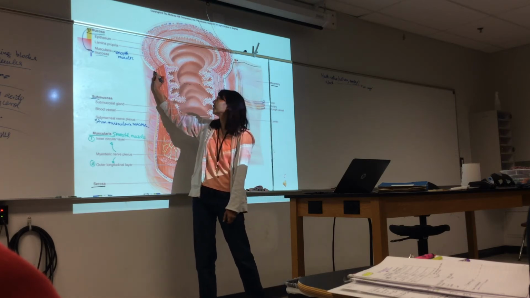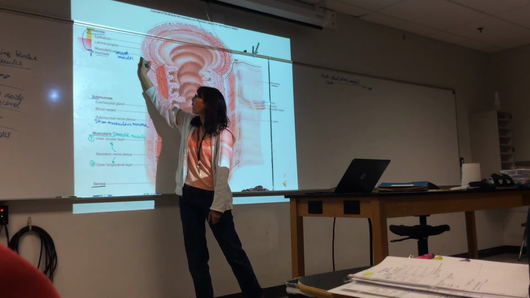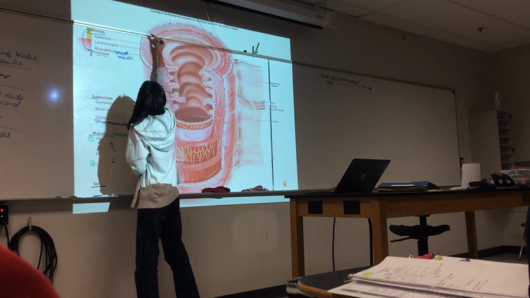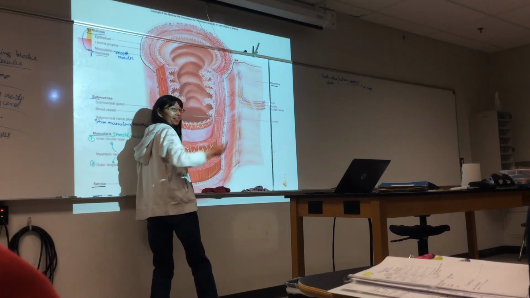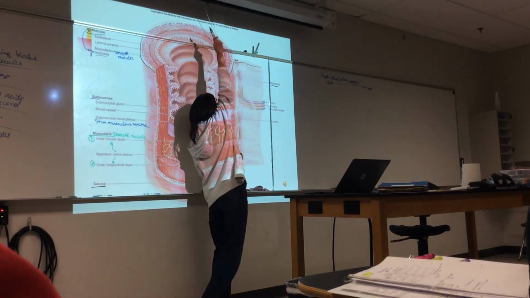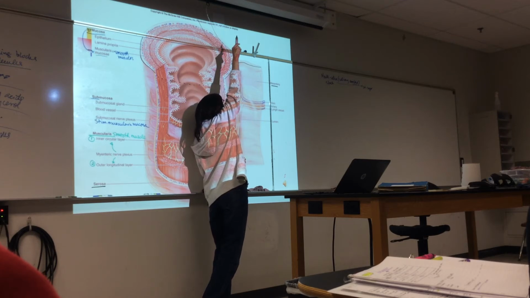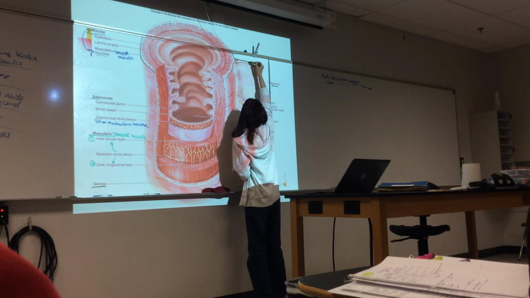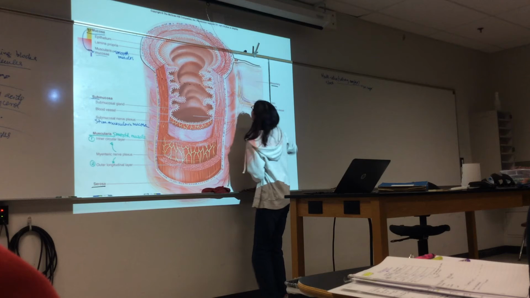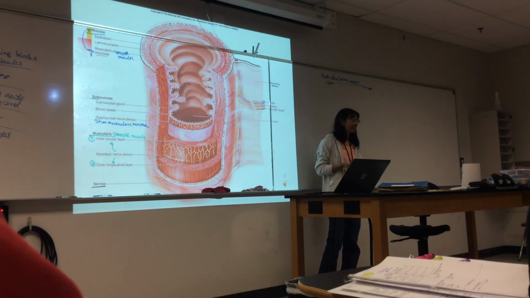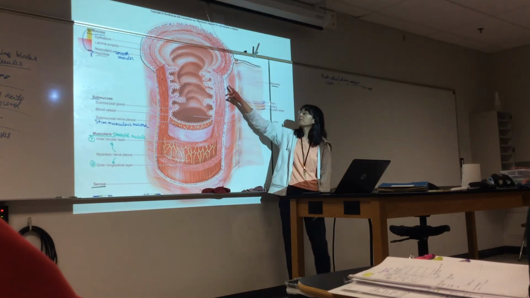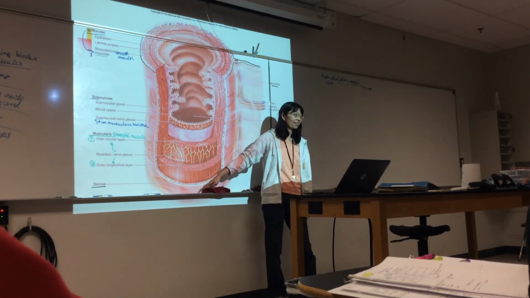And then it continues over here. And then it goes up and around to the other side, which I can't draw on the wall. So up around the other side. And then it comes over here. And now it's this other layer up there. Does that make sense? So it makes up the serosa, yeah?